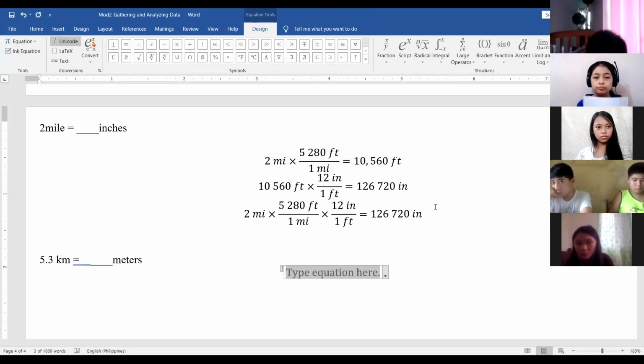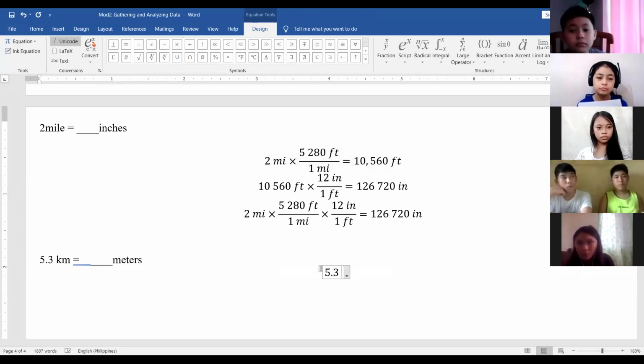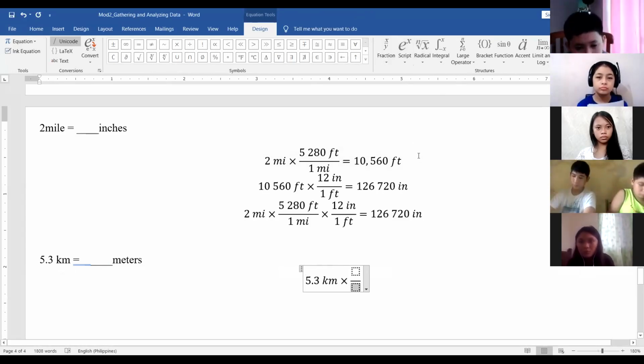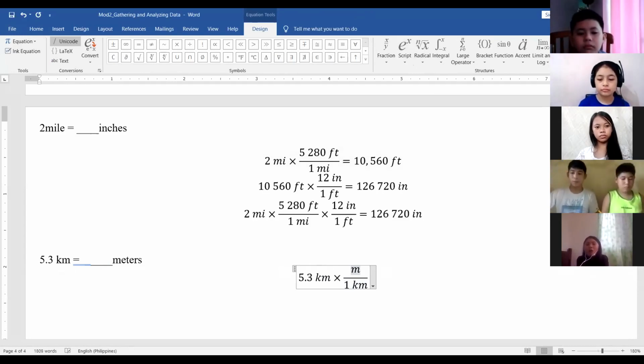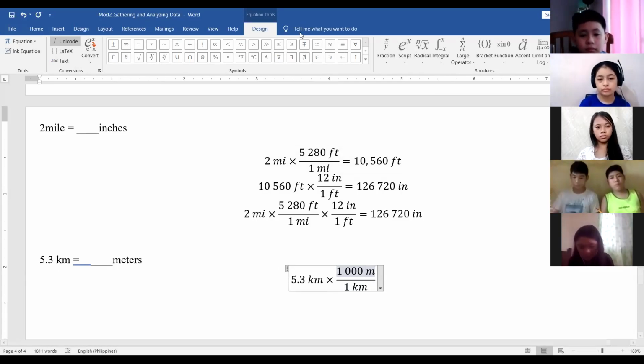Your solution would be 5.3 kilometers multiplied by a fraction where the kilometer that you're going to eliminate is located in the denominator, and your target unit is in the numerator. And then you convert: 1 kilometer is equal to 1,000 meters. How did I get that? You just have to go back to the illustration.